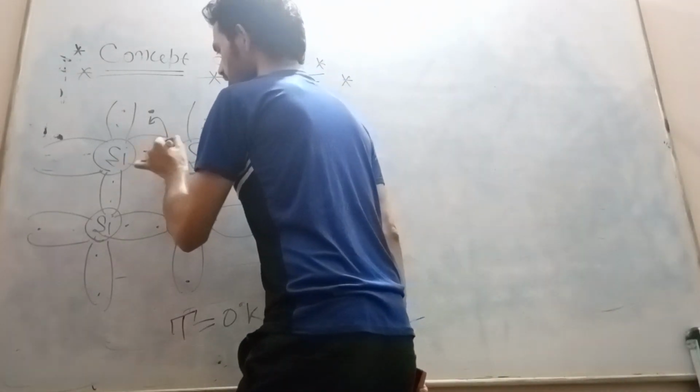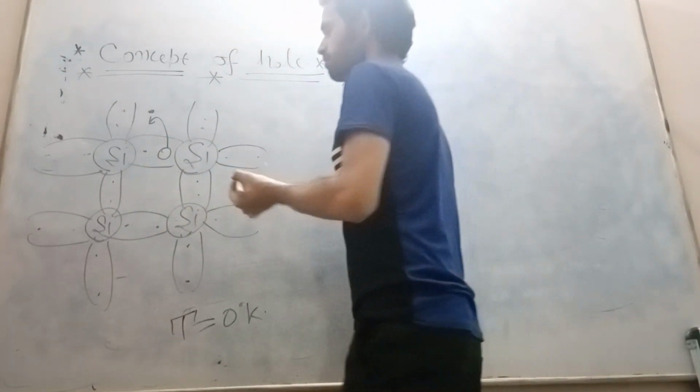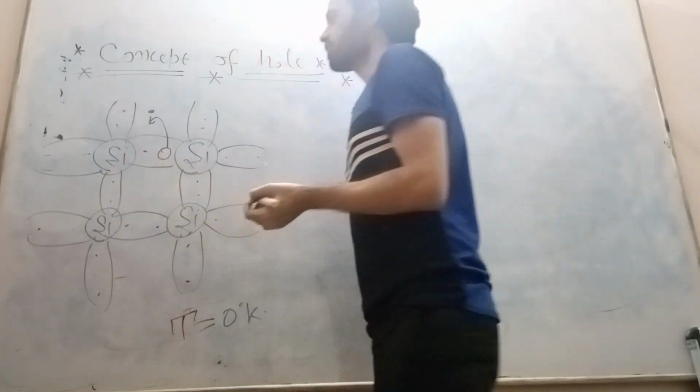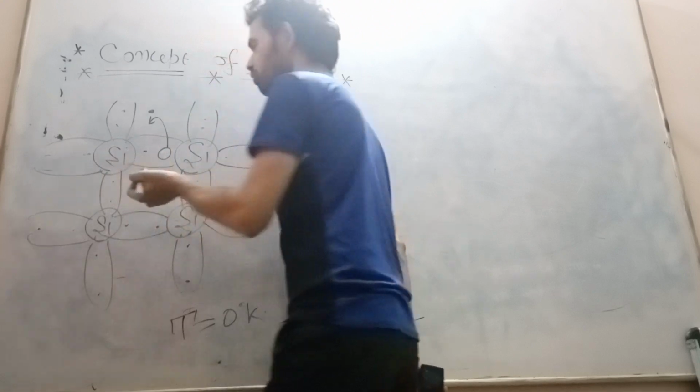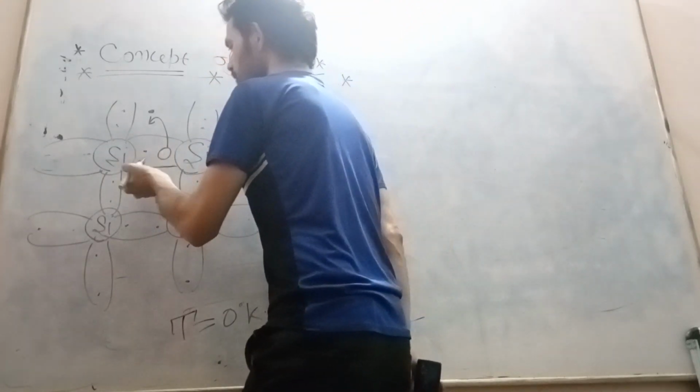At the same time, a positively charged empty state will be created inside the crystal, that means in the valence band.